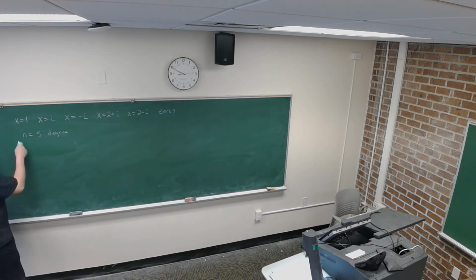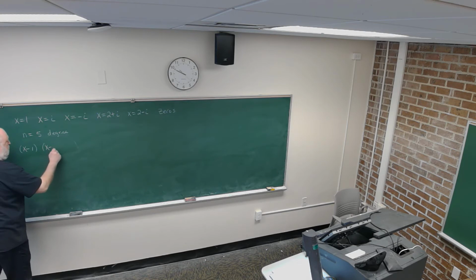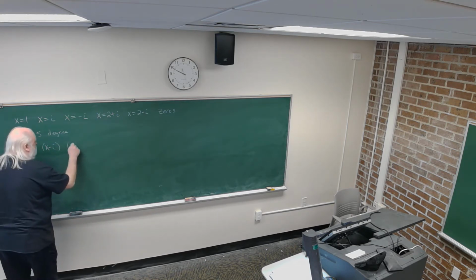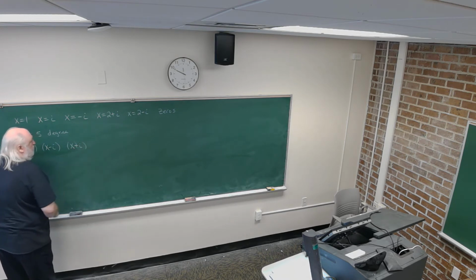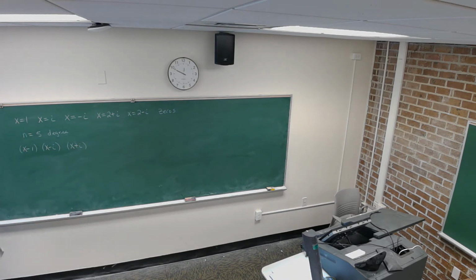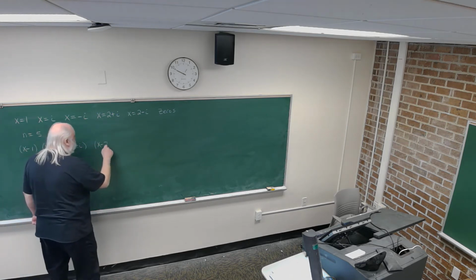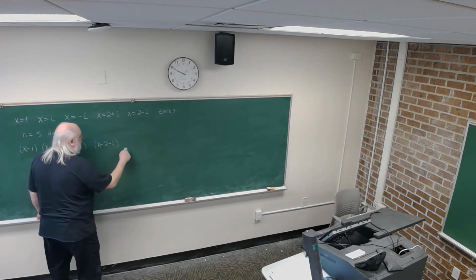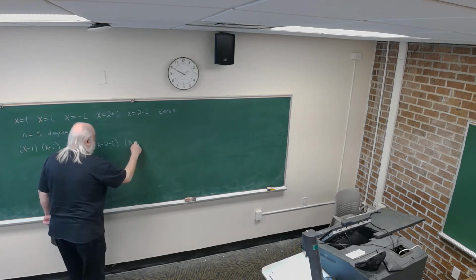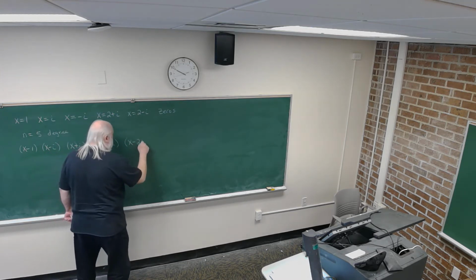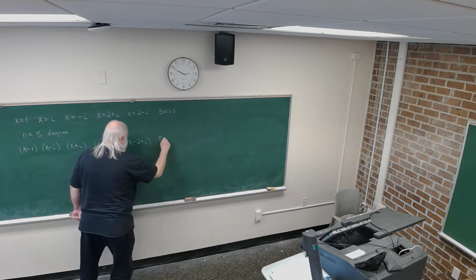From the factor theorem, if x equals 1 is a zero, then x minus 1 is a factor. If x equals i is a zero, then x minus i is a factor. And then x plus i has to be a factor. If x equals 2 plus i is a zero, then x minus 2 minus i has to be a factor. And similarly, x minus 2 plus i has to be a factor.